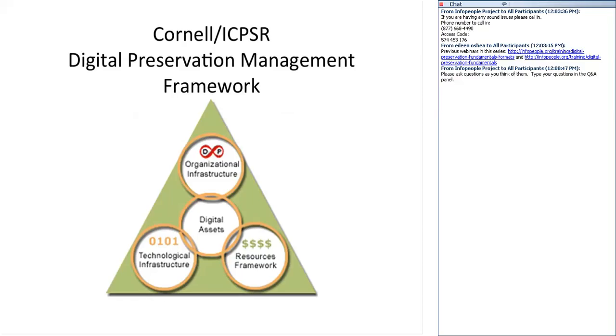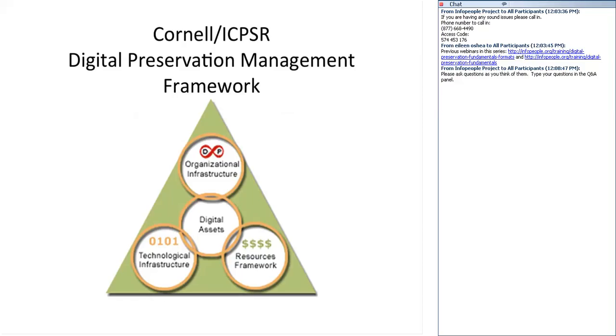Finally, before we take some time to do questions, I just want to touch on this. This is something that was developed in the Cornell Digital Preservation Management workshops, and those are now run by the ICPSR. And it's just, I think, a good reminder to think about these 3 pieces of the digital preservation project.